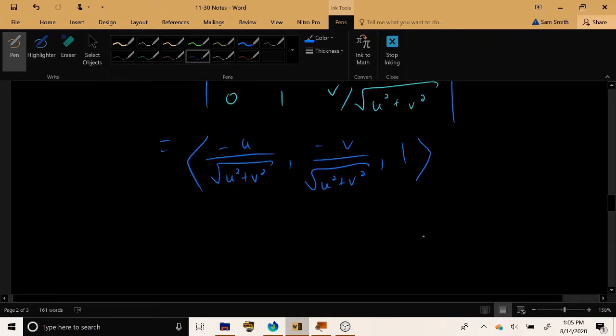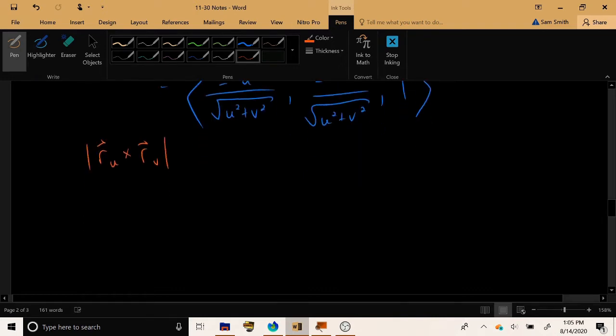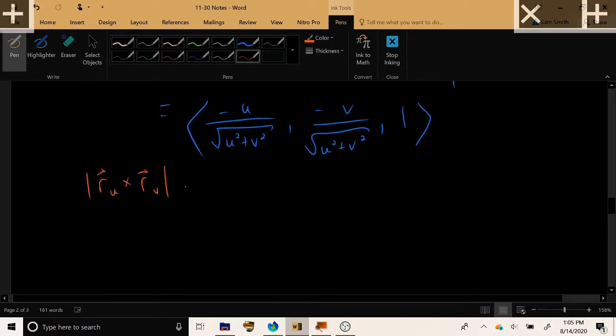Alright, the next thing that we need to do is calculate the magnitude of this cross product. If we were integrating a vector field, we would not need to find the magnitude, but since we're integrating the function 1, which is a scalar and not a vector, remember that we need to find the magnitude of this cross product.